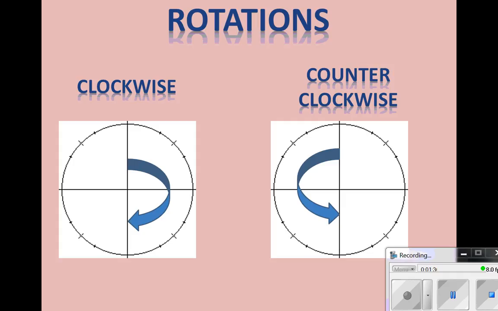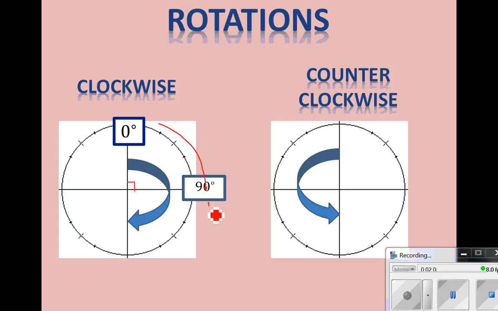If you're going clockwise and you go 0 degrees, this is where you would start. Then if you go in this direction, which is clockwise, right to here, then you've gone 1 quadrant. And 1 quadrant makes a right angle, and that's 90 degrees. So if you go 1 quadrant around clockwise, you're at 90 degrees.